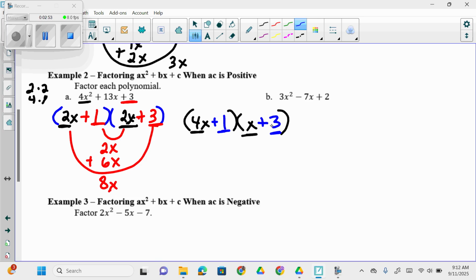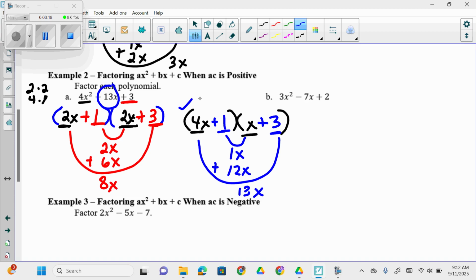I want both of my signs to be positive in this problem. So I multiply the middle and I get 1x. I multiply the outside, I get 12x. I add them together, 13x. That's my middle term, so I know I did it correctly. So sometimes it takes more than one try, and that's totally normal.